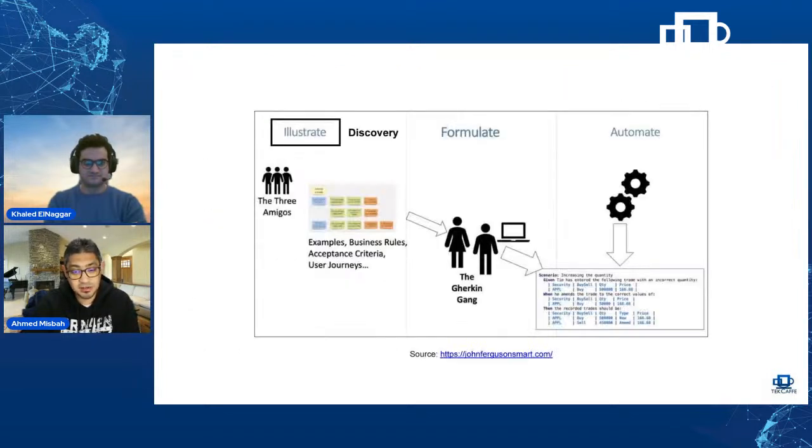As you've seen here, in the discovery phase, you've got the three amigos collaborating together to discover the examples, business rules, acceptance criteria, etc. In the formulate phase, you have the Gherkin gang, which can also be the three amigos, collaborating together in order to write the executable specs.